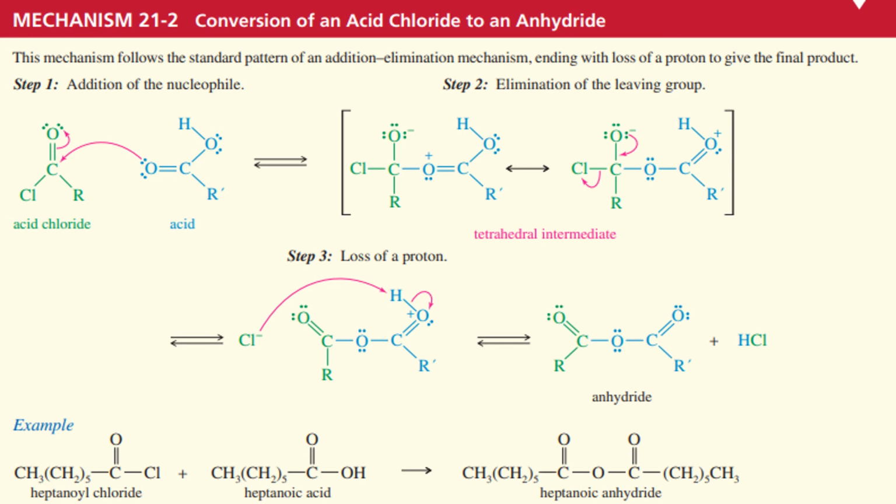Either oxygen atom of an acid can attack the strongly electrophilic carbonyl group of an acid chloride to form a tetrahedral intermediate. Loss of chloride ion and a proton gives an anhydride. An example of conversion of acid chloride to an anhydride: heptanoyl chloride reacts with heptanoic acid to give heptanoic anhydride.